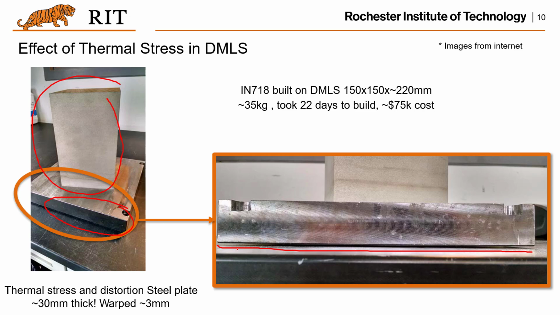You can see this plate is bent because of the thermal stress introduced by the part, and it drives the plate to deform. That's a really serious problem for the direct metal laser sintering process.